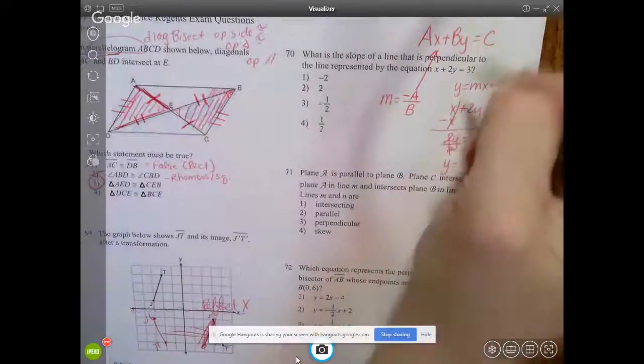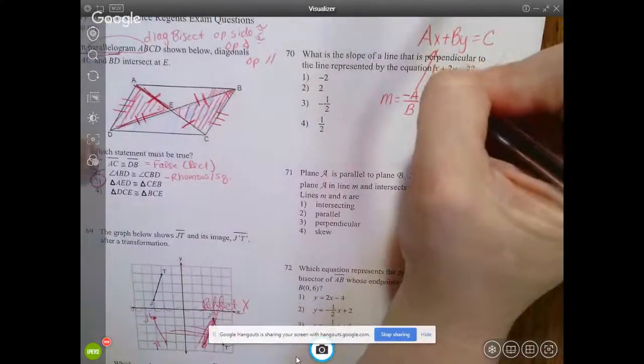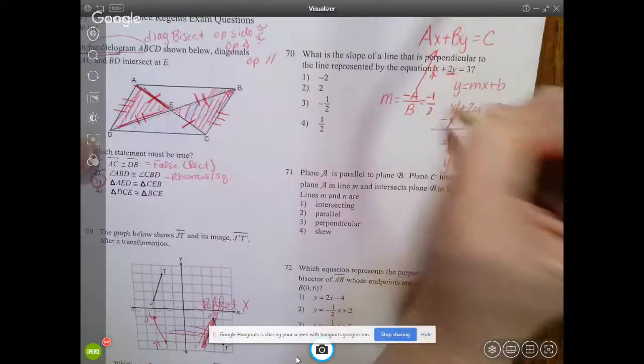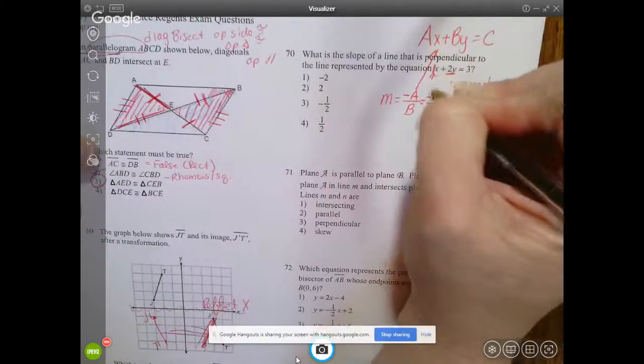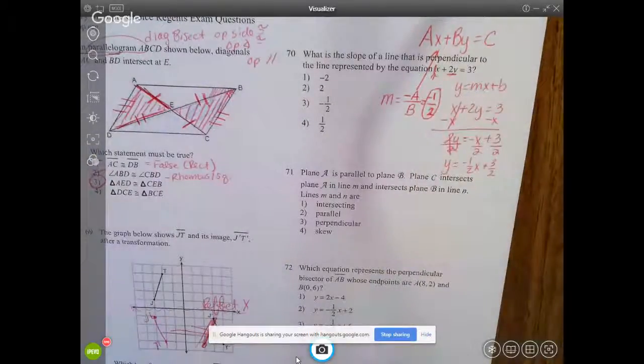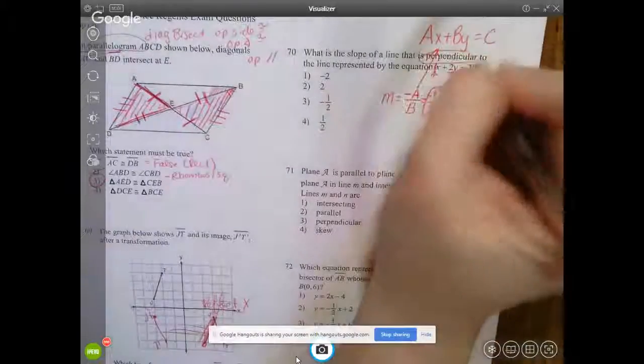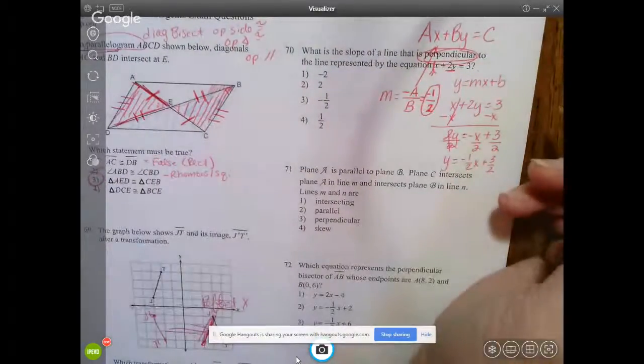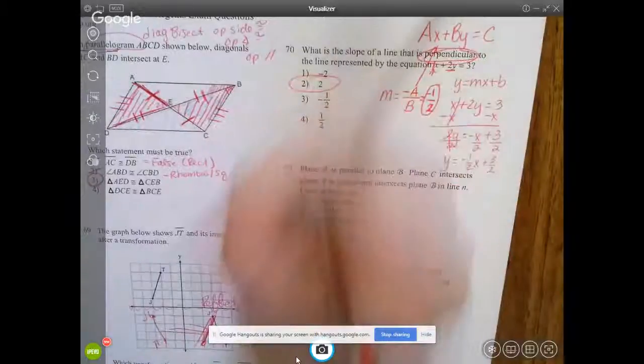So in this case here, my A is 1 and my B is 2. So it's negative 1/2. I showed this to you like one day in the computer lab. So either way, that's what the slope is. Because this says perpendicular, we know that we need to do the what? What's perpendicular? Opposite reciprocal. So which one's the opposite reciprocal of negative 1/2? Yep, positive 2, choice 2.